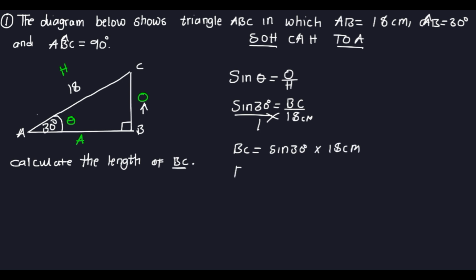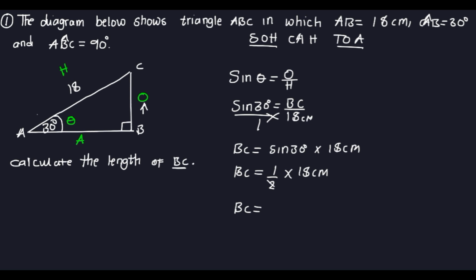Now what is sine 30? So now we can recall from the special angles, we said sine 30 is 1 over 2, half. So where there is sine 30, we substitute with the half, so times 18. So now we can find the answer.